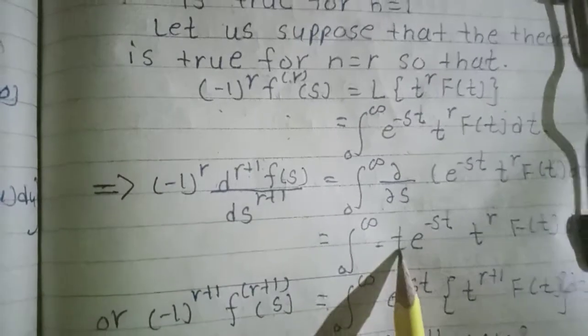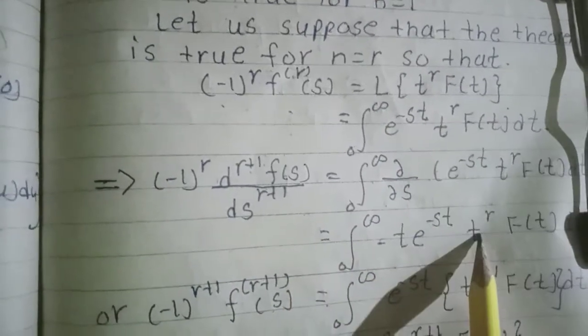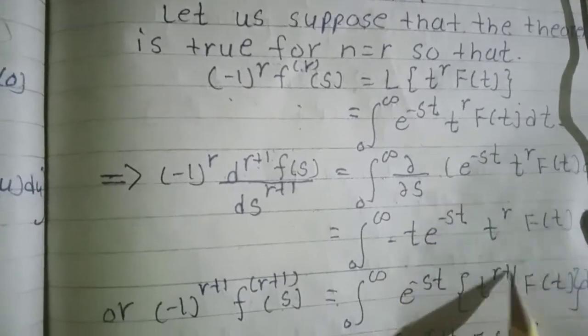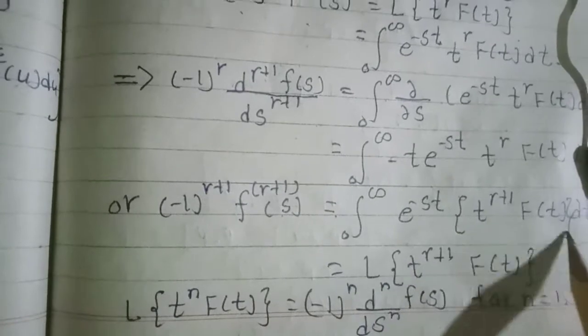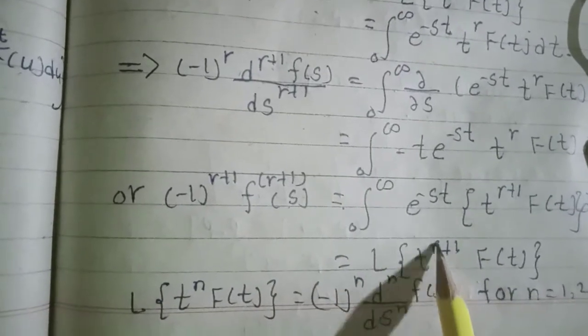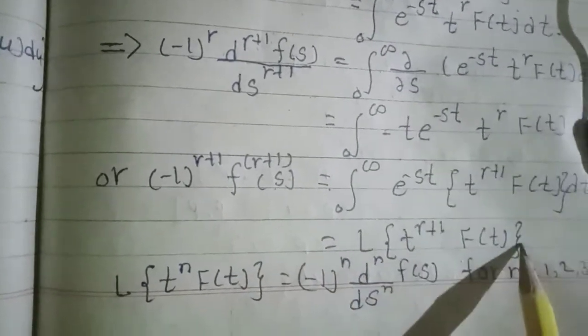Here is t and here is t, the same base, so adding both gives t raised to r plus 1. So this is the Laplace transform of t raised to r plus 1 f of t.